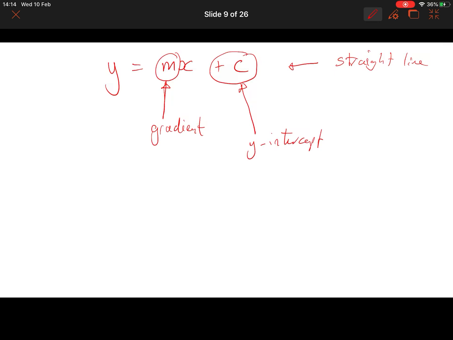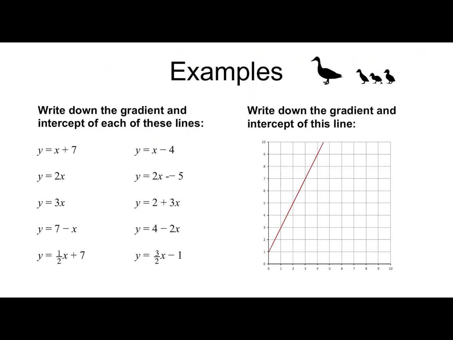So if you want to know the equation of a line, all you have to do is find out what the gradient is and find out what the y-intercept is, and then it's y equals mx plus c. Okay? So you might want to make a note of that. That's really, really important, and you have to remember. Okay? Remembering, so important.